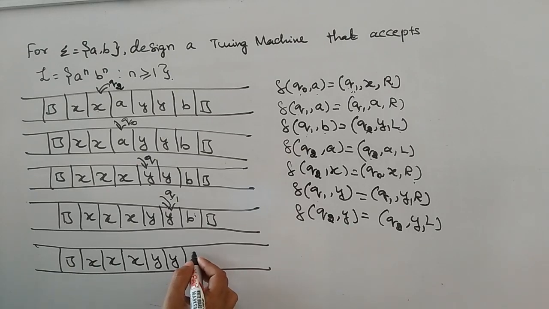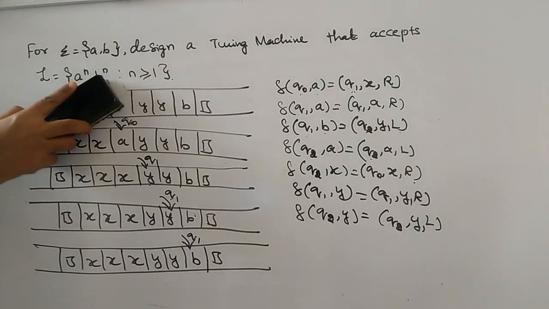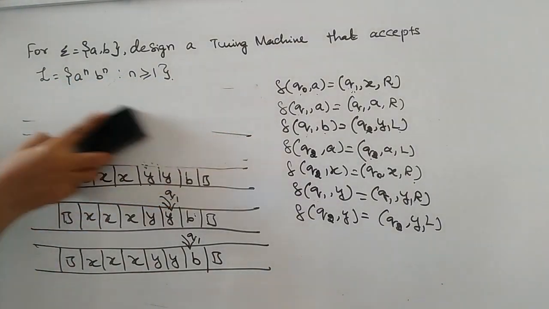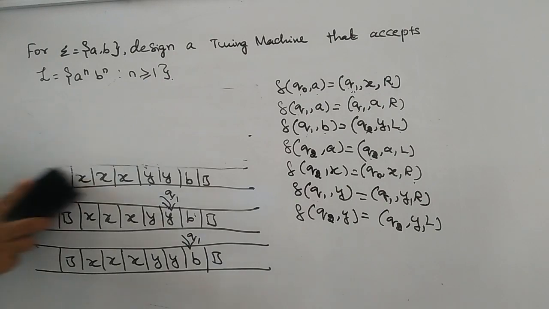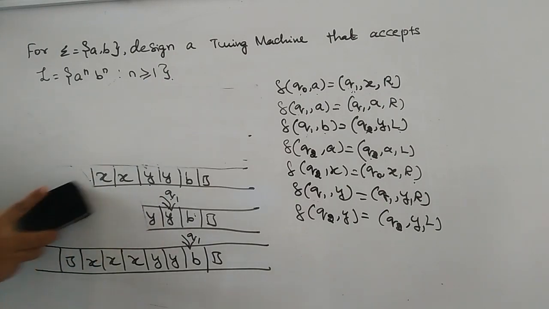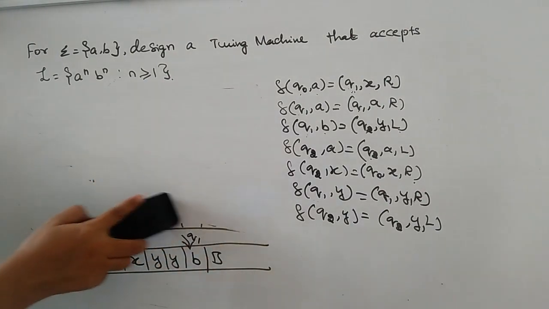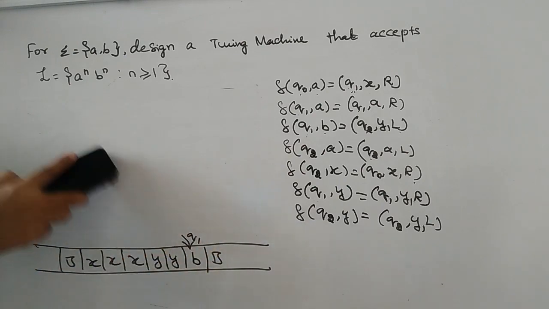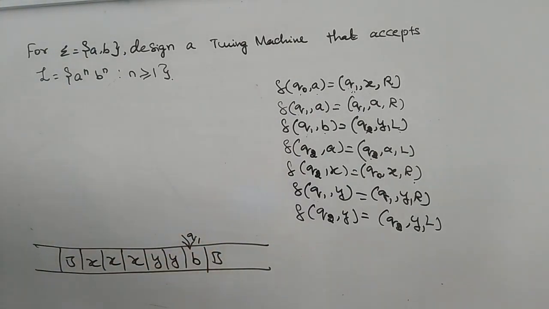Towards right means now the right head is pointing to the symbol B, right? So please trace the transitions where we have the transition del of Q1 comma B. You just see the transitions that we have already written here.